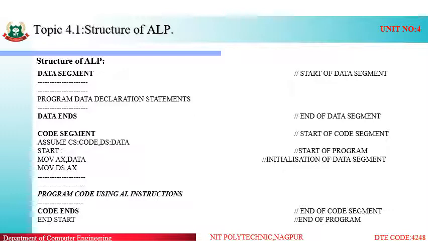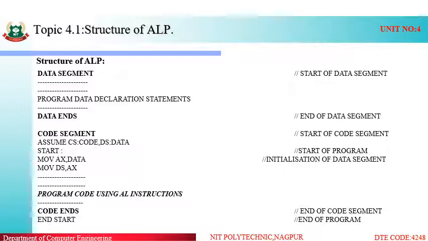Inside the data segment we will define our data variables, and then we will write our code segment. So in the next part, after completing the data segment, we have to write the code segment. Segment is used to specify the particular segment which is going to start. So code segment, that means the code segment is starting.